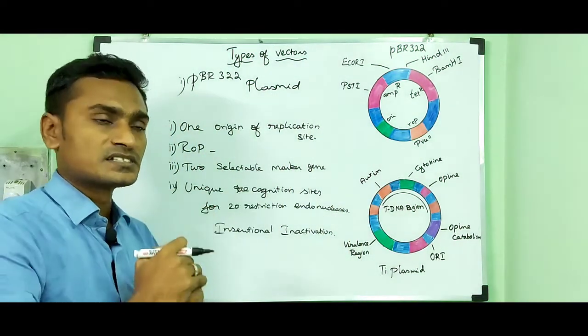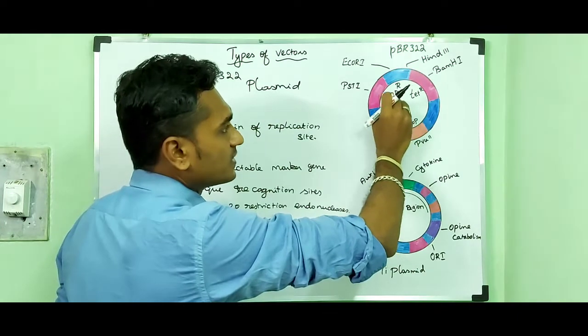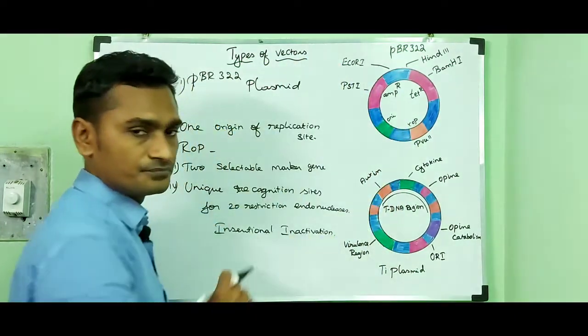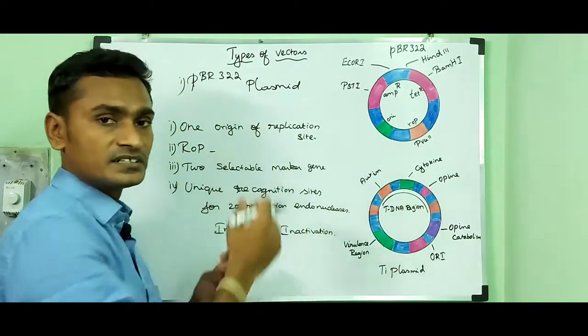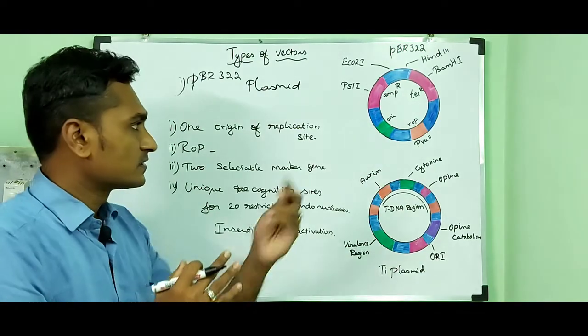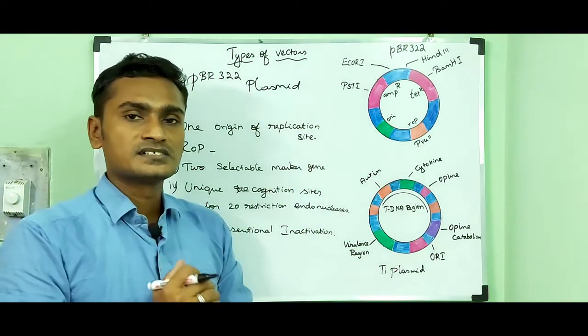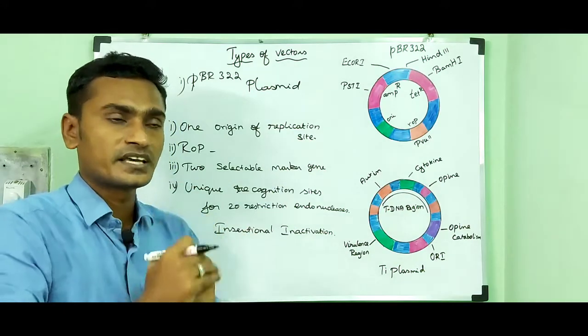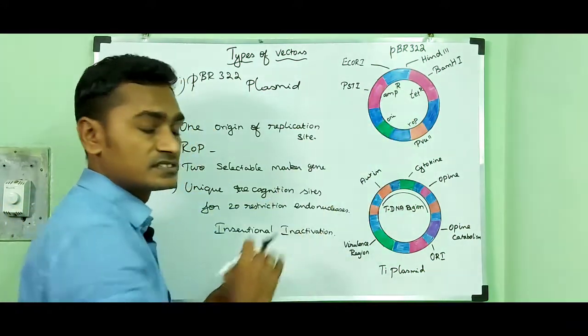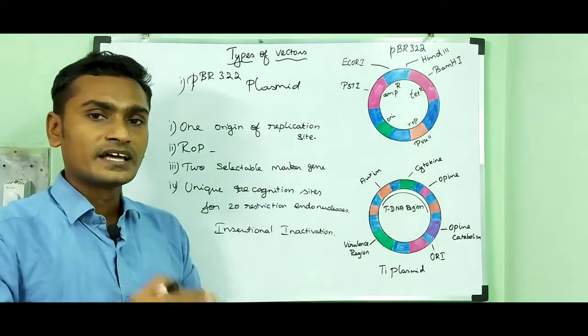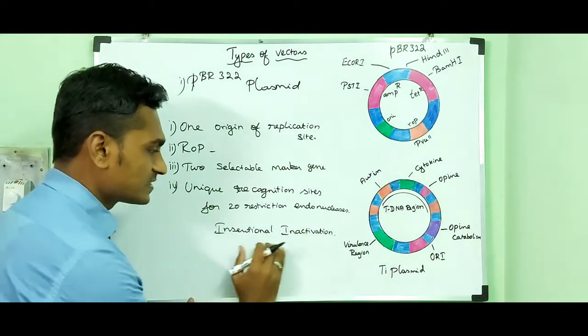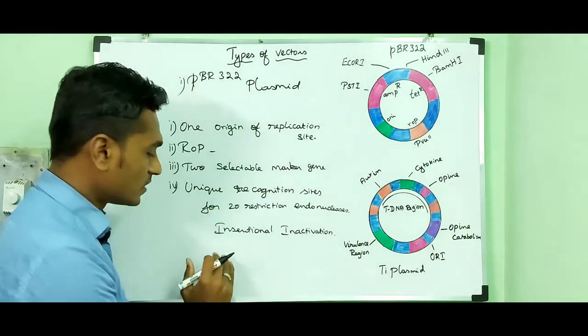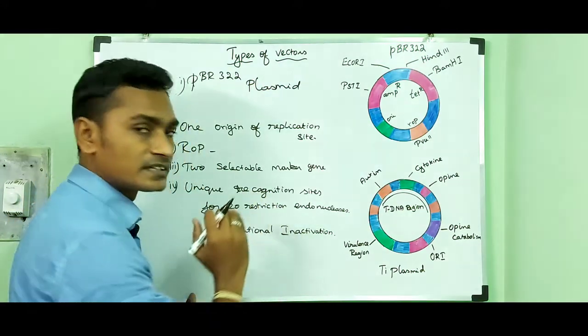The gene of interest inactivates the ampicillin resistant gene. After the insertion of the gene of interest in the cloning site, the ampicillin resistant gene gets inactivated, and that process is called insertional inactivation.